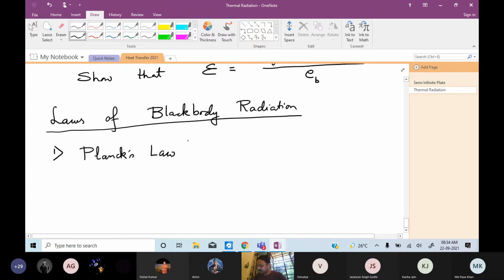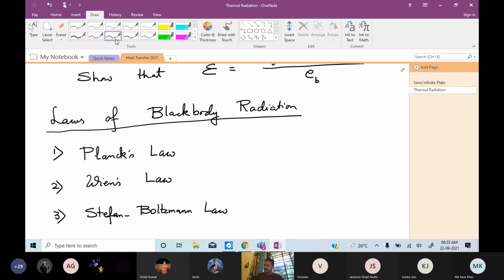Planck's law, Wien's law, which is also called Wien's displacement law, and number 3 is Stefan Boltzmann law.